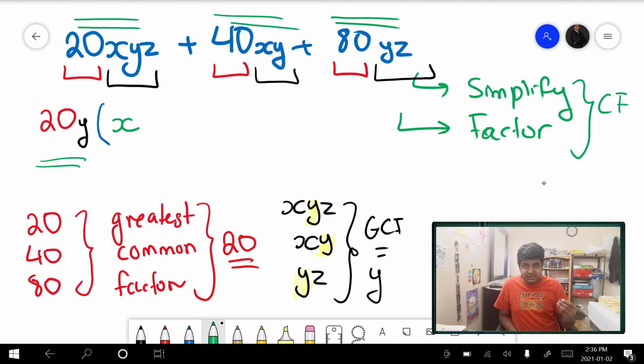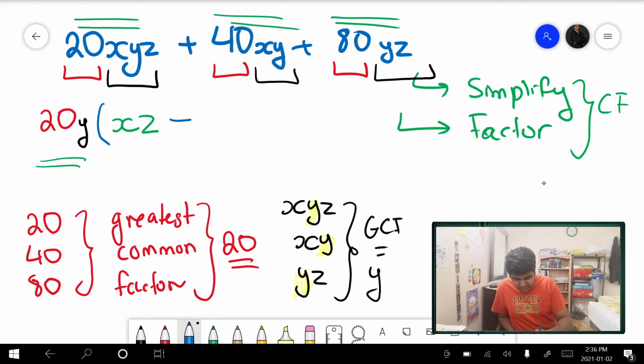So that's not exactly right, because 20y times x would give us only 20xy. So it has to be an xz here, because now if we do 20y times xz, we get our full 20xyz. And let's repeat this process another 2 times.